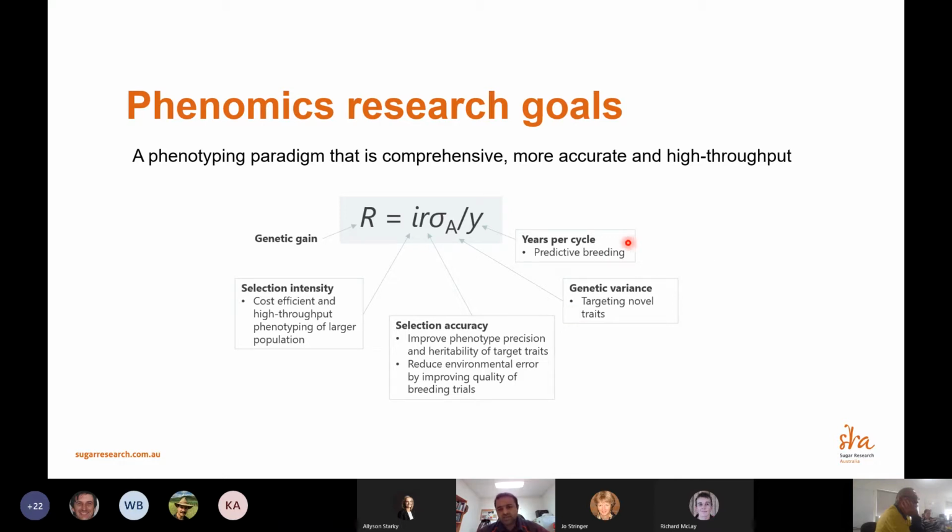And also, because the drone measurements are in general non-destructive, there are opportunities to reduce the years per cycle through some predictive breeding and non-invasive phenotyping approaches.